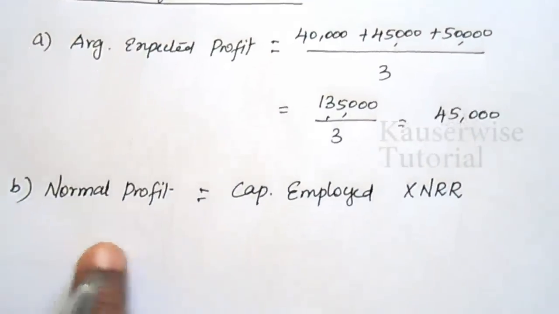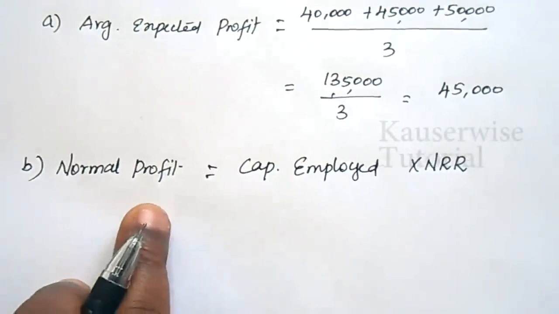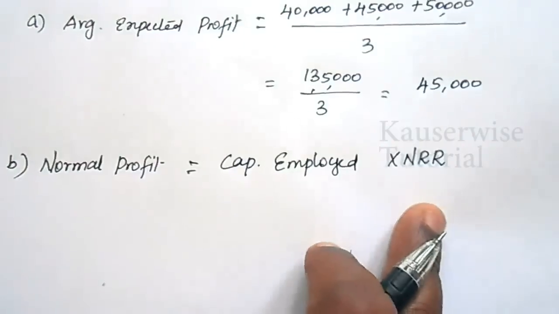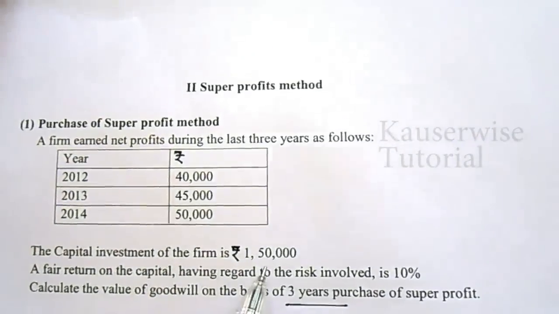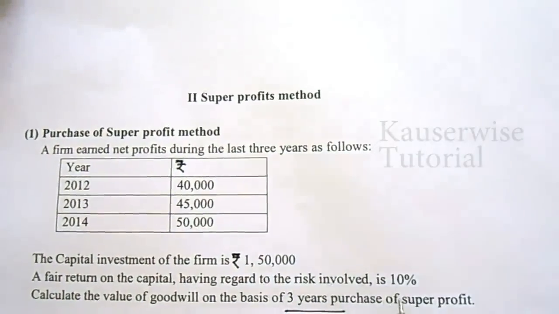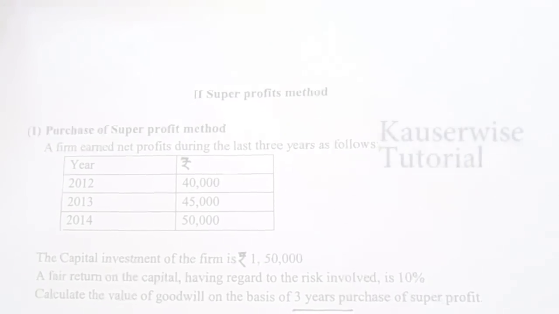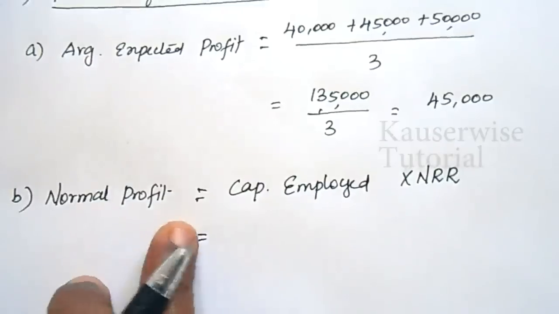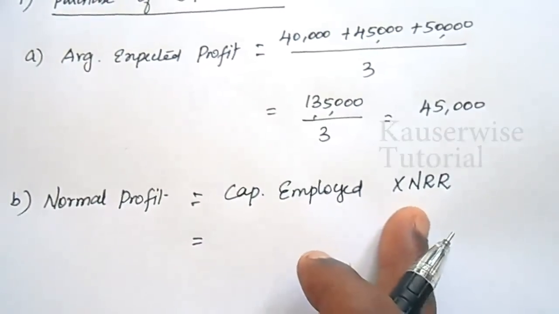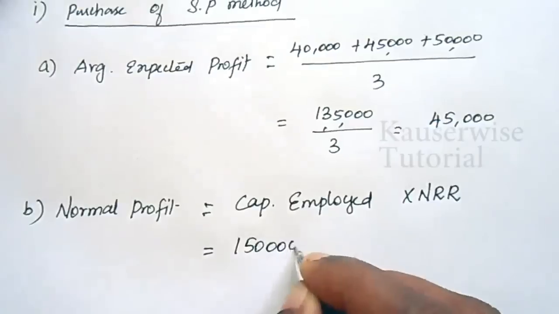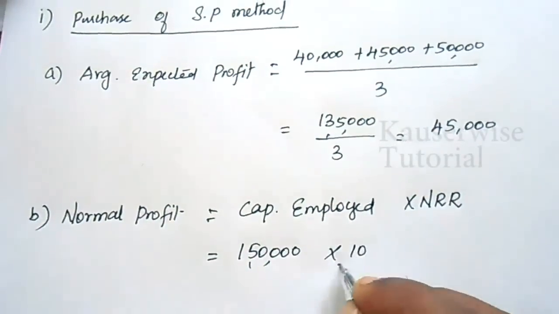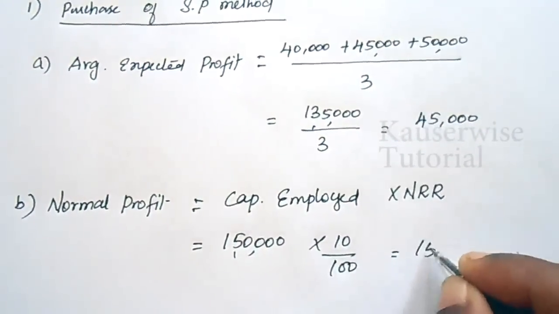Then go for normal profit. The formula for normal profit is capital employed into NRR. So how much is the capital employed? The capital investment of the firm is 1,50,000 and NRR is 10%. So normal profit is equal to capital employed into normal rate of return. Capital employed 1,50,000, NRR 10%, gives 15,000.